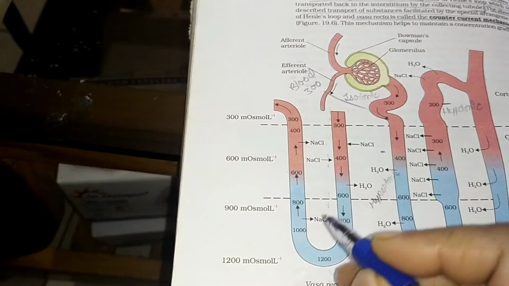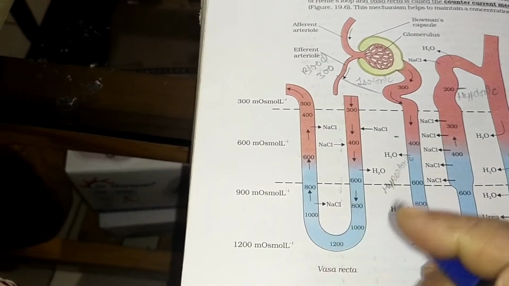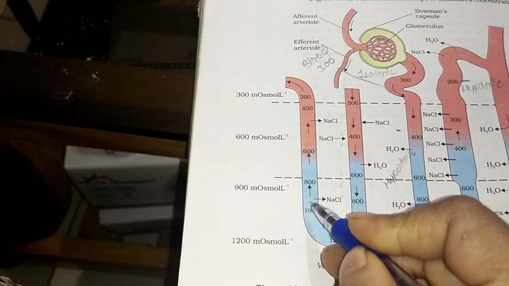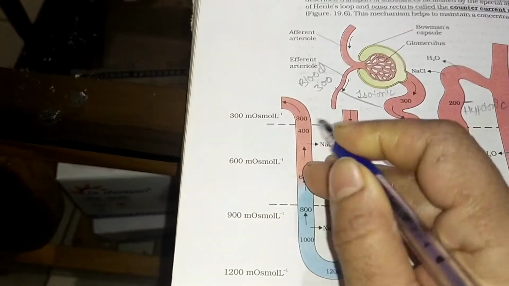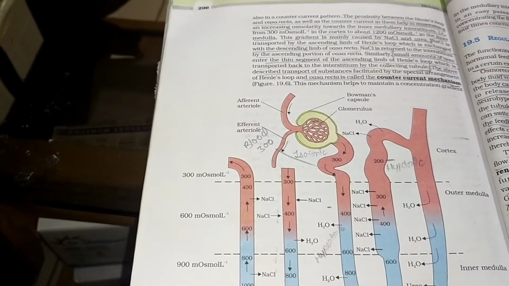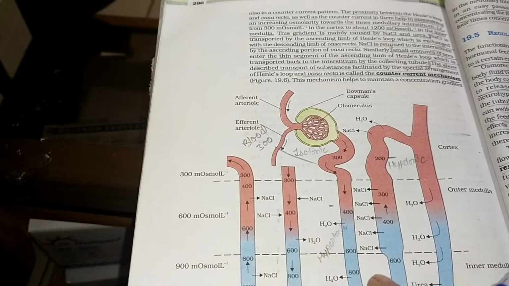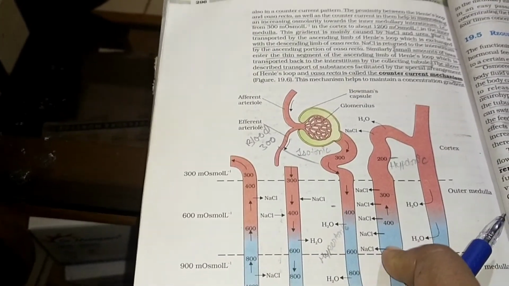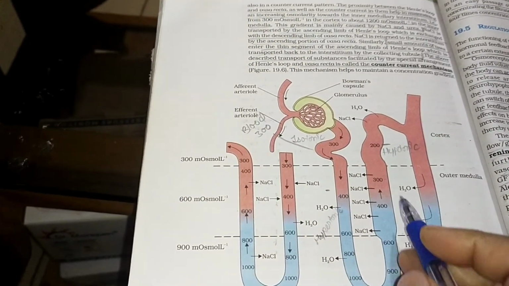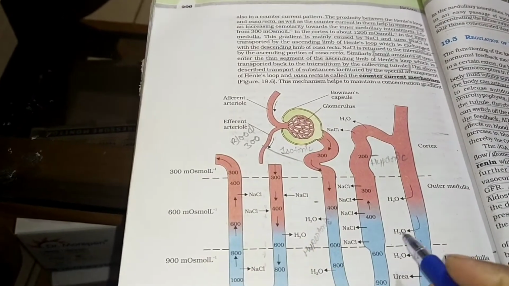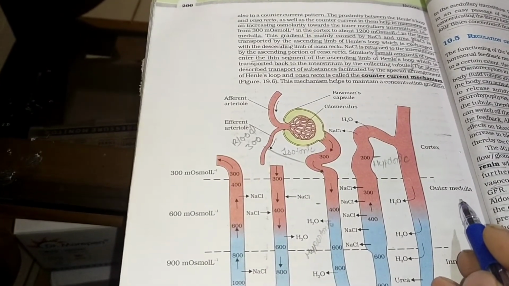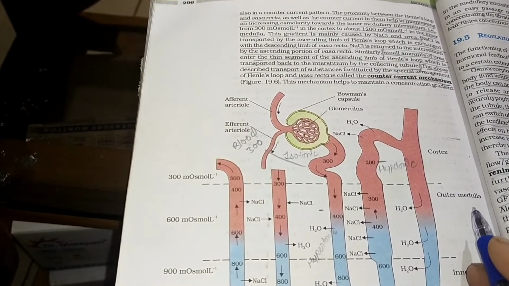When NaCl comes out, the 1200 again decreases up to 300. One more time, this is called the counter current mechanism, and because of that the osmolarity of the inner medullary region is maintained.